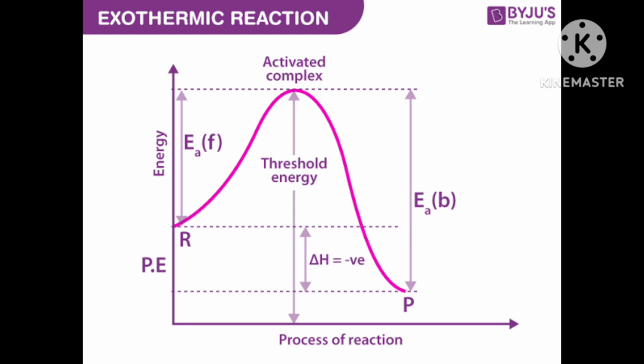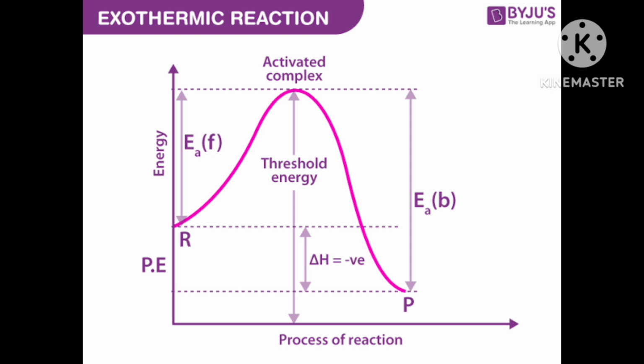Now in the Arrhenius equation, a factor is there, e power minus Ea upon RT. Always remember, e power minus Ea upon RT. What does it mean?